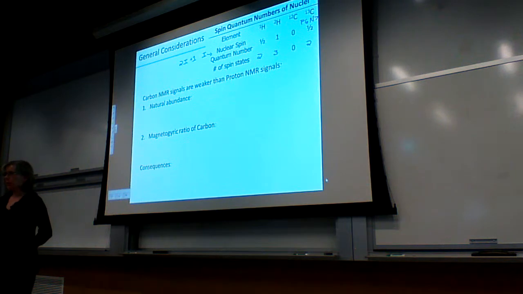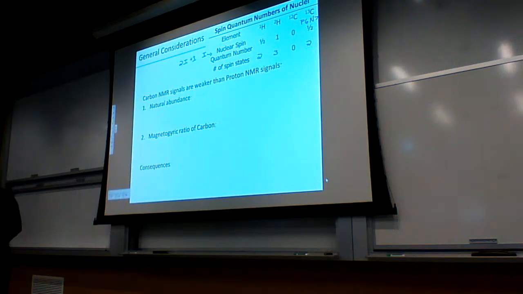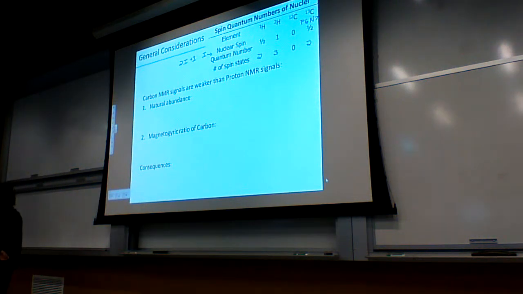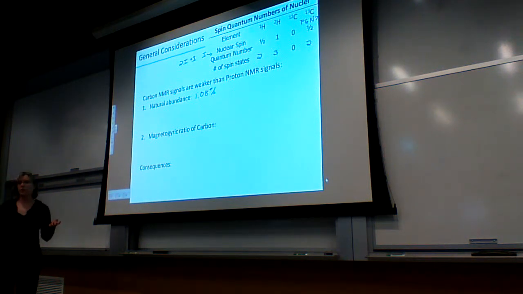Carbon, we know, is weaker than proton. There's a couple reasons for that. The natural abundance, we've talked about this. Carbon-12 is about 98.9%, and carbon-13 is about 1.08% of all the naturally occurring carbons in a molecule, or in any sample.